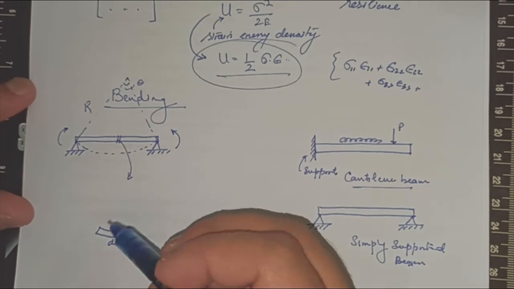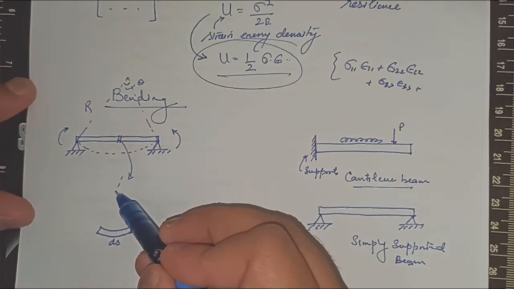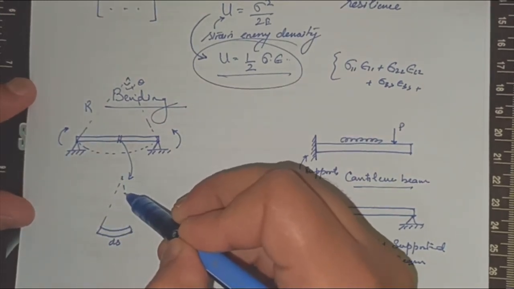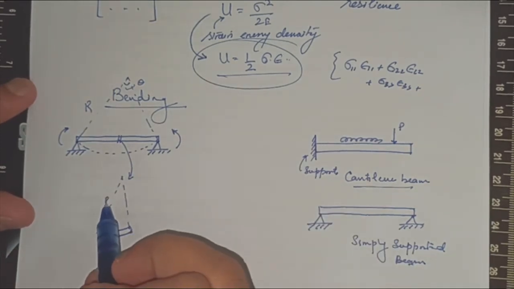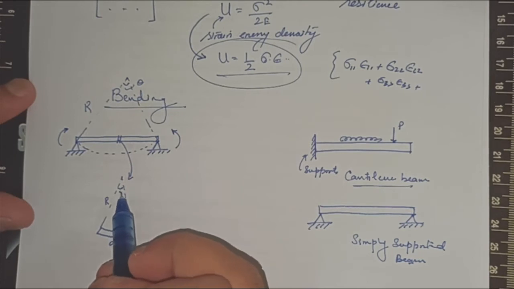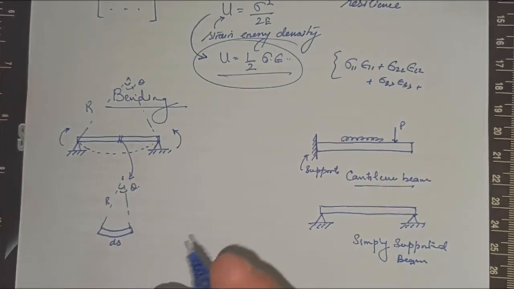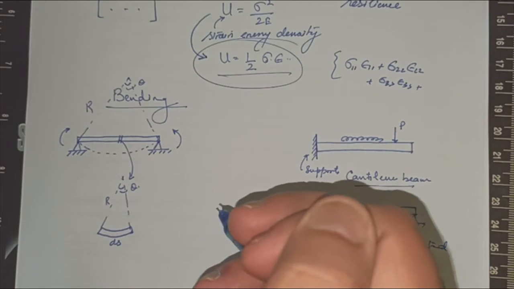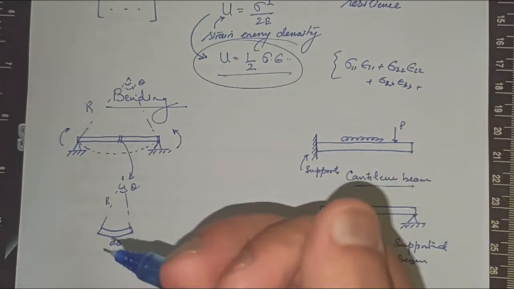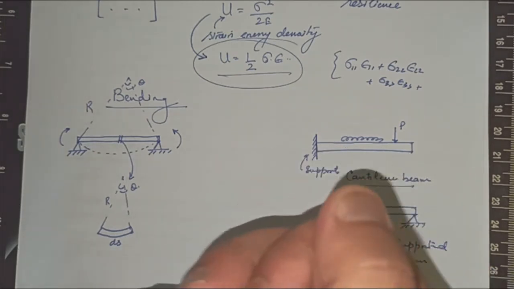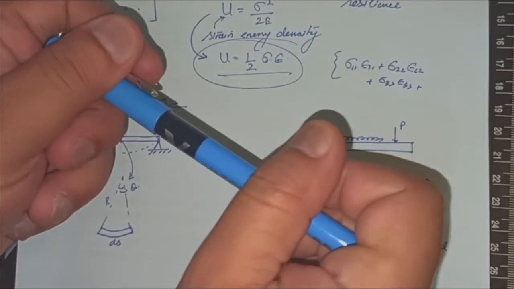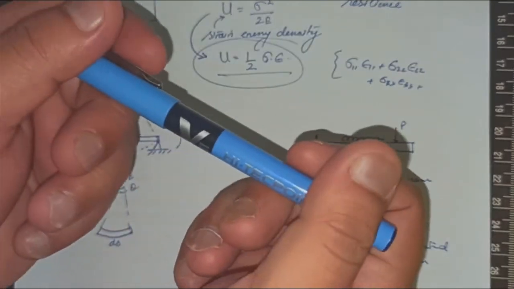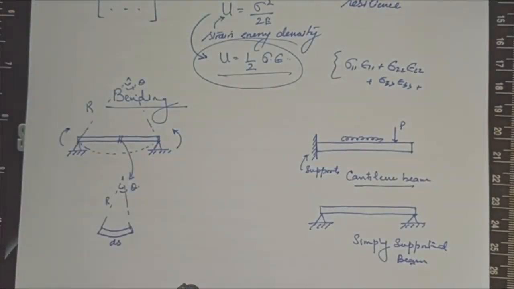Since this is ds, this will also subtend an angle at some center above. Again this will be R and this will be theta. Remember that this theta is called flexural rotation. Flexing means trying to bend the beam. So this is flexural rotation, theta.